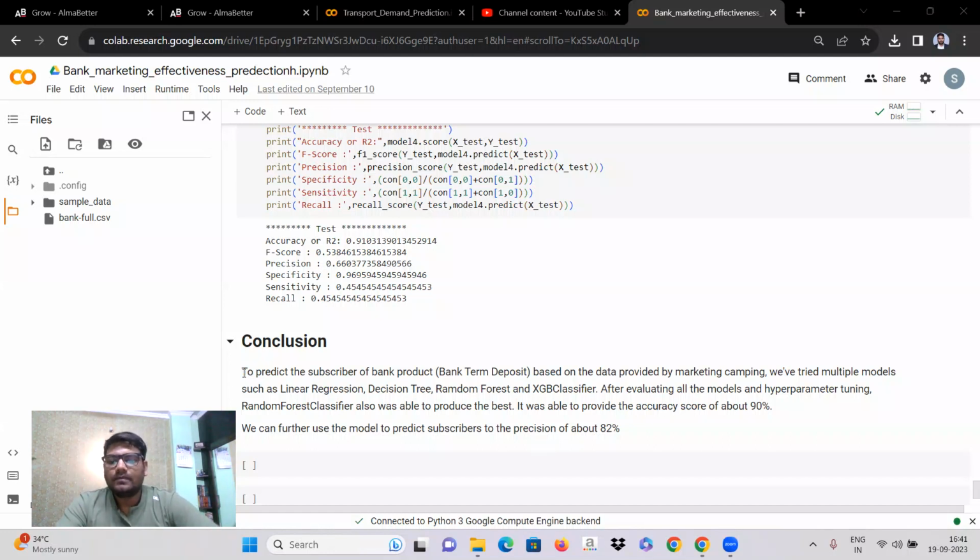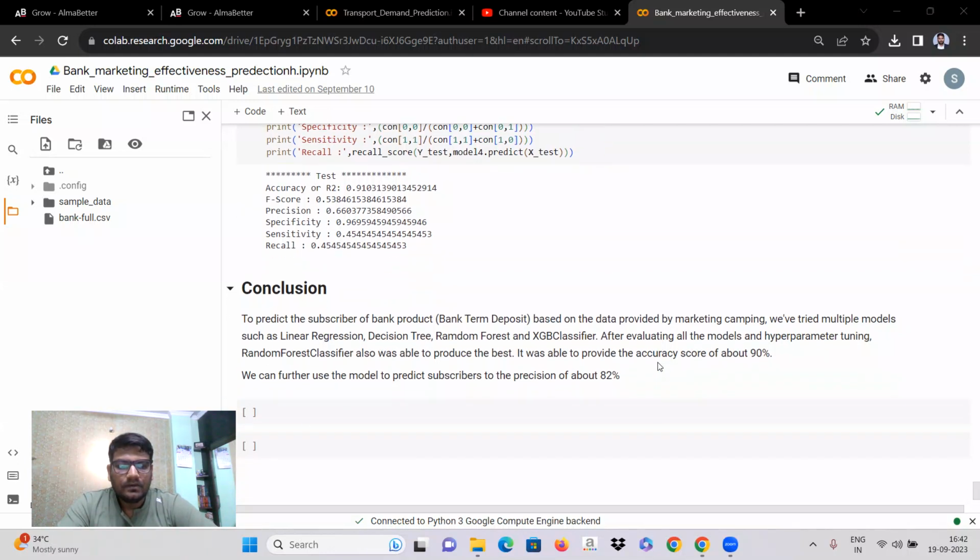The conclusion of this project is that when we are further conducting our marketing campaign, we may classify customers to a certain extent, where a customer would like to subscribe to the term deposit.